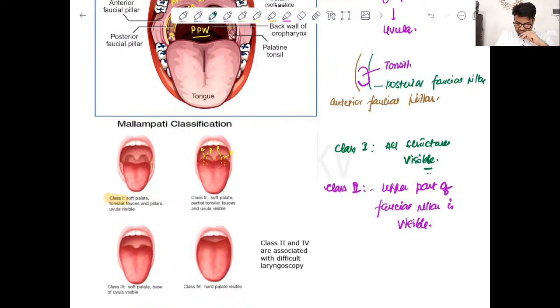At times we can see only the half part of the uvula. So the upper part of fascial pillar and upper part of uvula is visible. Clear? So in class 1 we can see the entire length of the fascial pillars and the entire length of the uvula, but in class 2 we can see only the upper half of the fascial pillars and uvula, right?